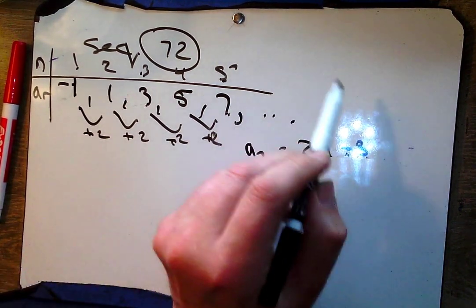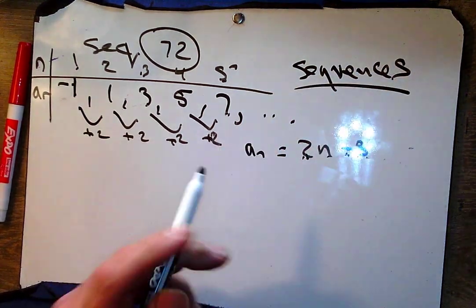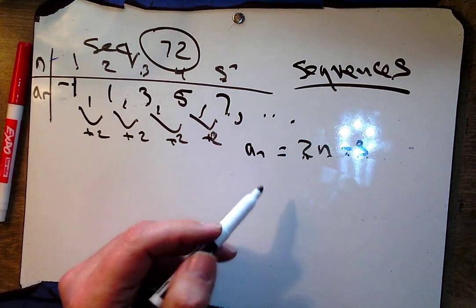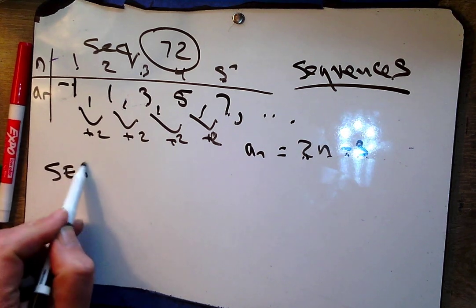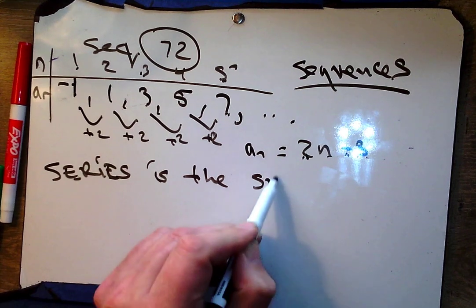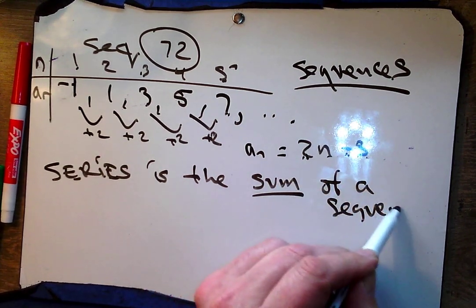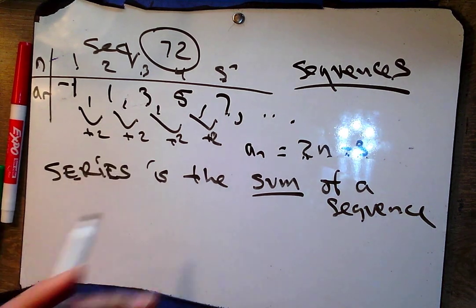Now, that was working with sequences. Today, we're going to talk about series. And a series is the sum of a sequence. I know, right? It has this completely different meaning than I thought.